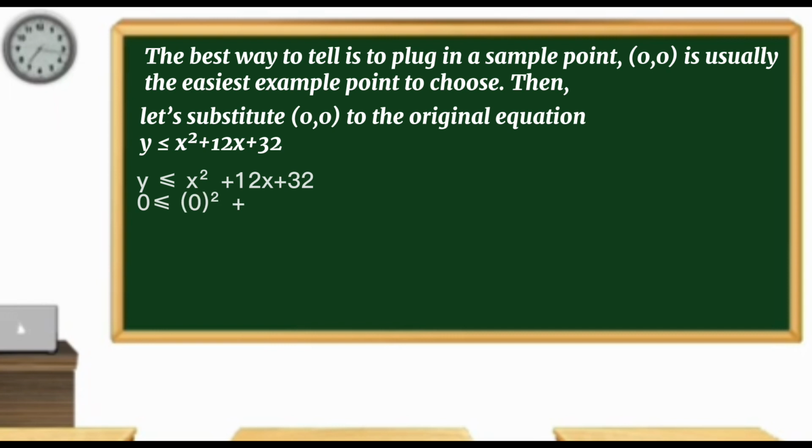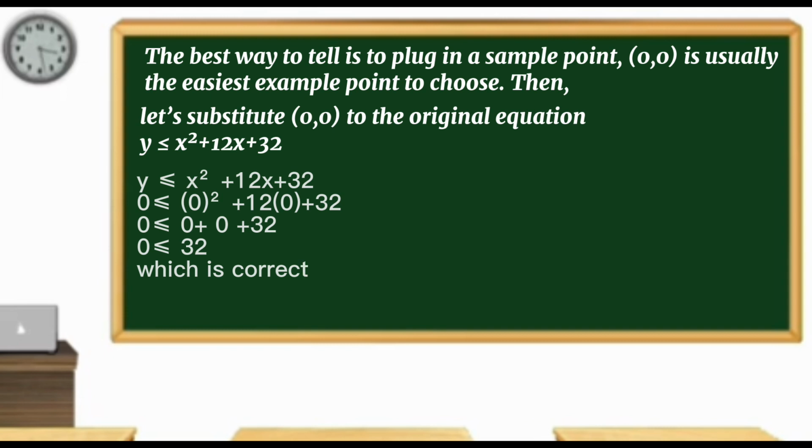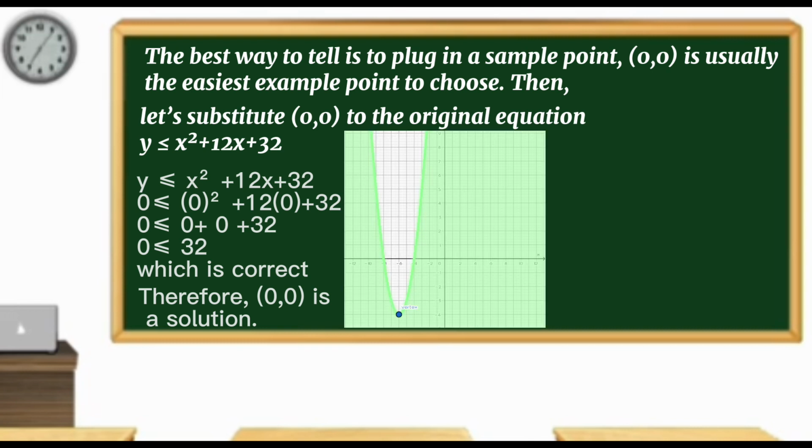We have 0 is less than or equal to 0 squared plus 12 times 0 plus 32. 0 is less than or equal to 0 plus 0 plus 32, to obtain 0 is less than or equal to 32, which is correct. Therefore, (0, 0) is a solution. So, we will shade the region which includes the point (0, 0).